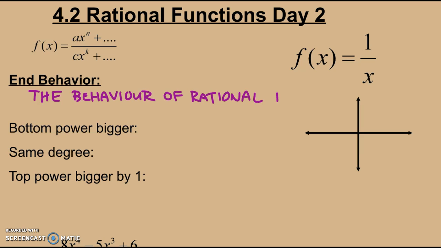Rational functions have polynomial numerators and denominators, when the absolute value of x is very large. So you're putting in a very large number, and what happens to it? Very large.